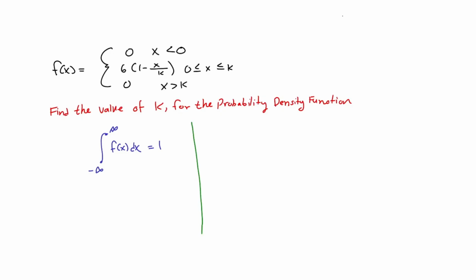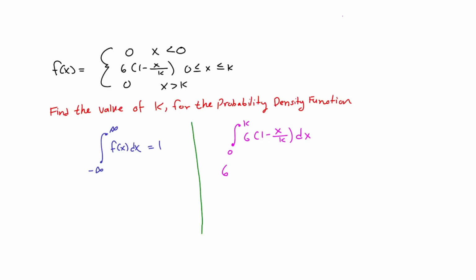So what are we going to be integrating? We're going to be integrating from 0 to k as our bounds here. We can see 0 to k for our bounds, and we're going to have 6 times (1 minus x over k). Now, let's just follow the normal rules of integration. We can just pull the 6 outside, right?